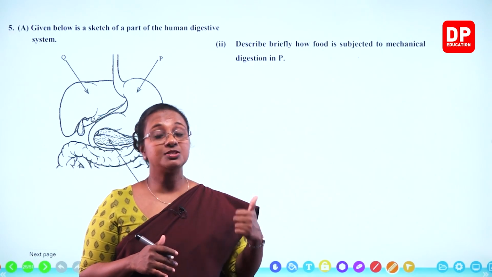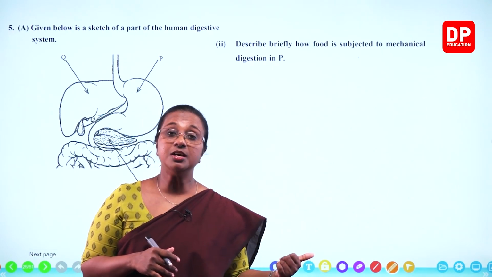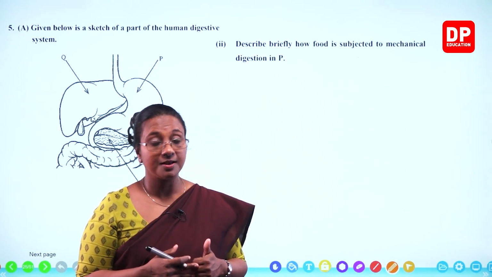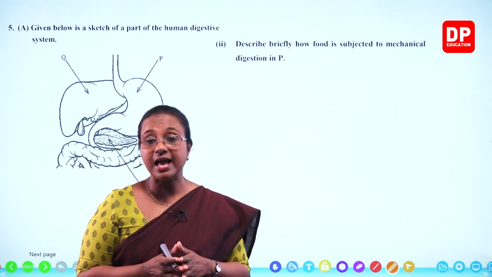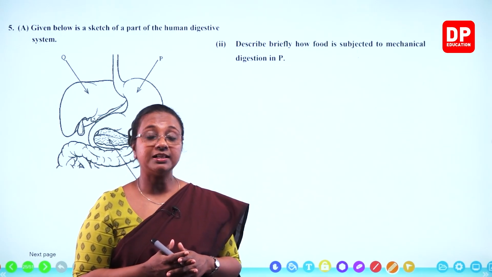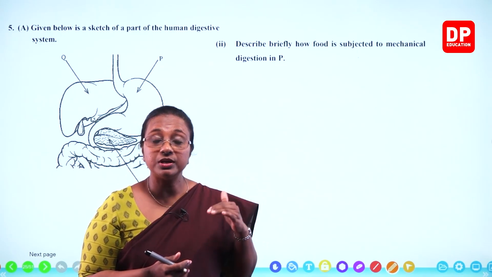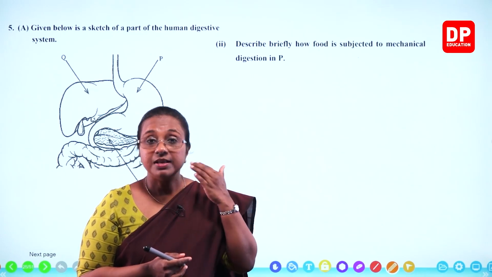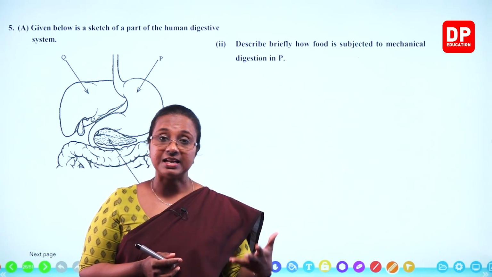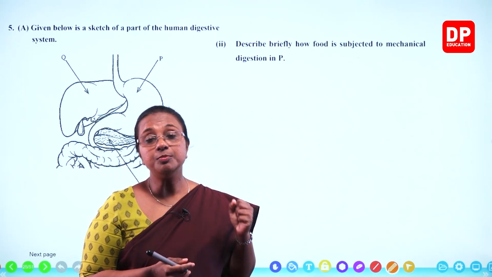Chemical digestion is where the enzymes act on the substrates and convert them to the digestive end products. But when we say mechanical digestion, mainly it starts in the mouth cavity or the buccal cavity, where the food is broken down into pieces with the help of the teeth. And also it is mixed with saliva, so it becomes the bolus.